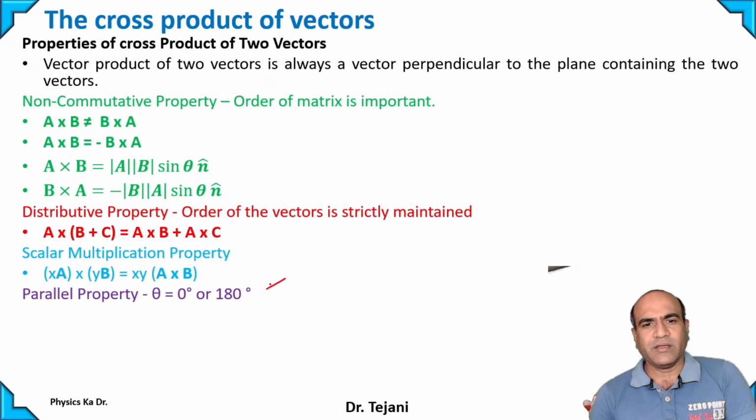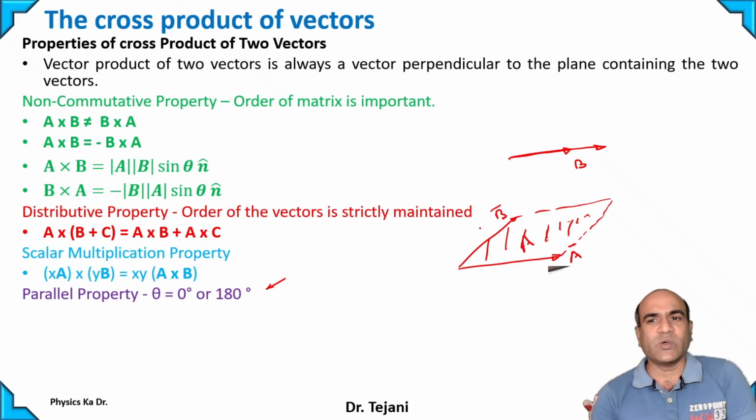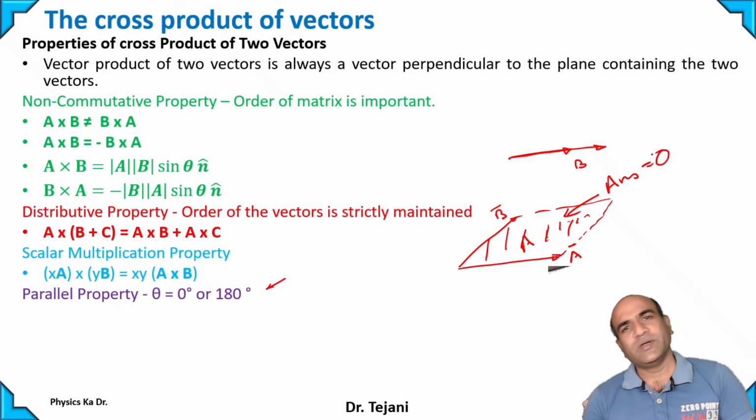Parallel property. What does the parallel property mean? If A and B, these two vectors, have a 0 degree angle, we know that the product is a multiplication of these two and it produces area. If there is no area, that means its product is 0.